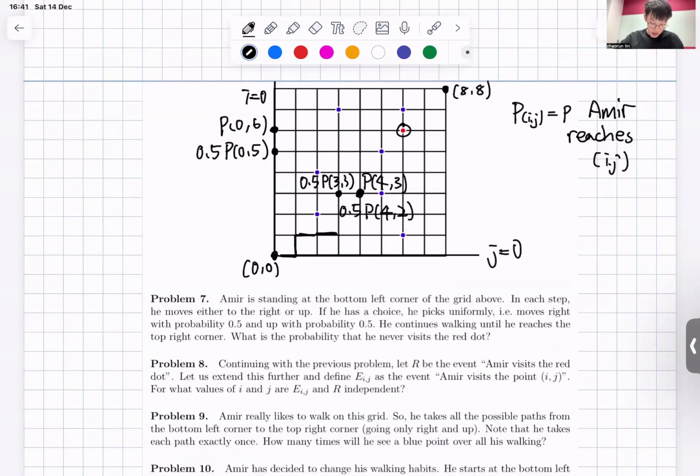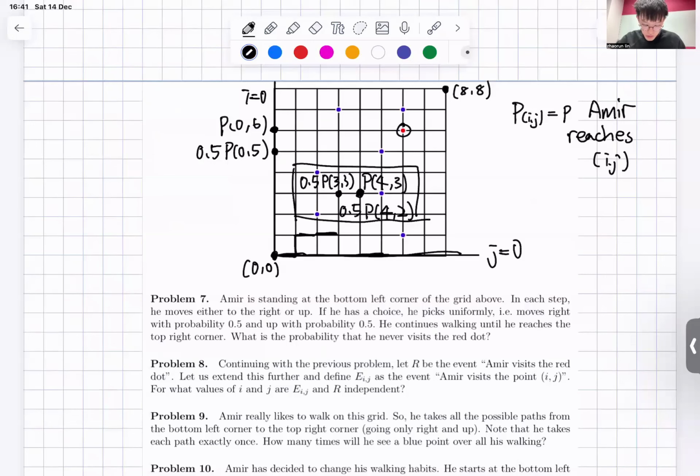So at these two lines, the probability only depends on the lower point or the left point. This is the corner case you have to consider. And for other points, it's just calculated as this. And you can write a Python program to calculate that.